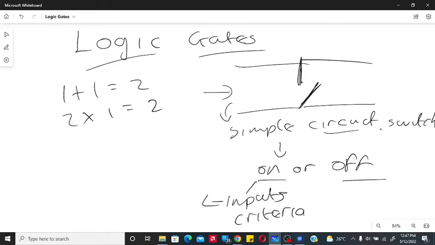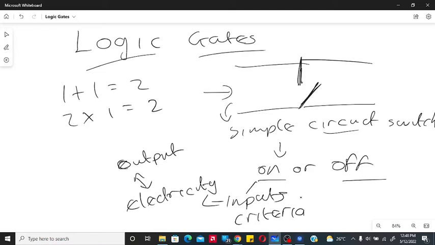Since I've said it's a circuit with electricity flowing through, you can simply think of the electricity as the input. The output is electricity itself. So electricity is acting as both the input and the output. And off is simply when there is no electricity flowing through. A logic gate is on when electricity is flowing through completely, and it's off when there is no electricity flowing through.